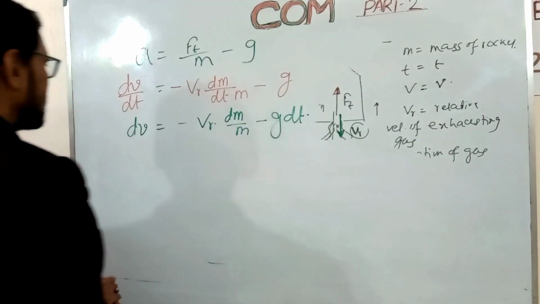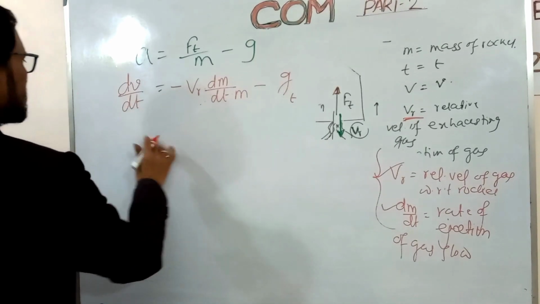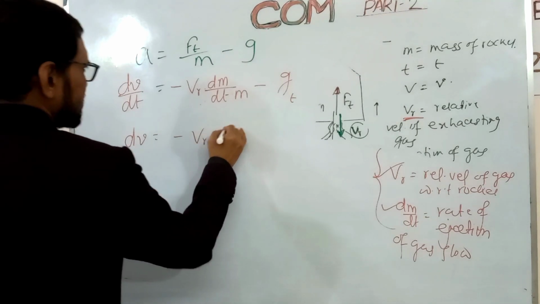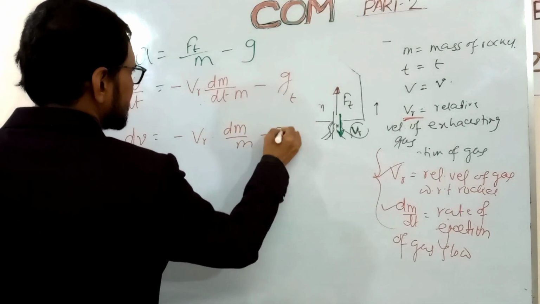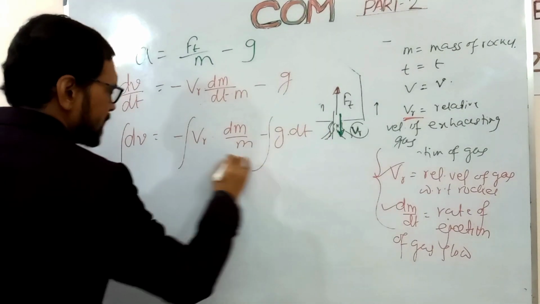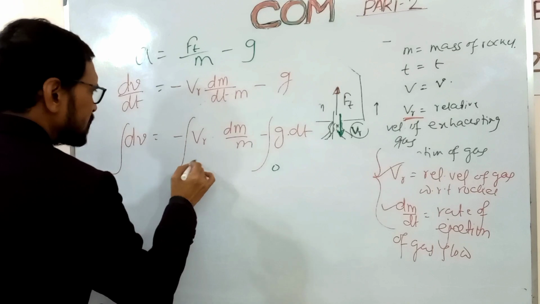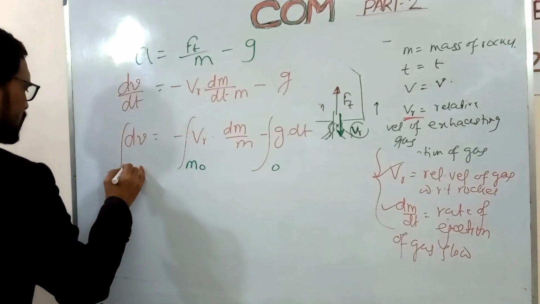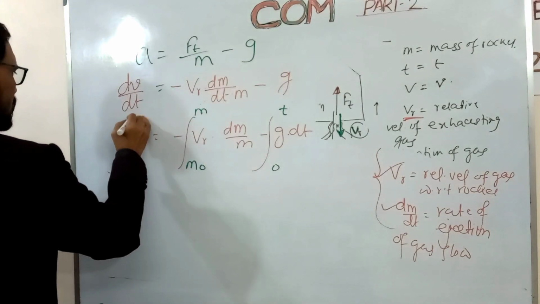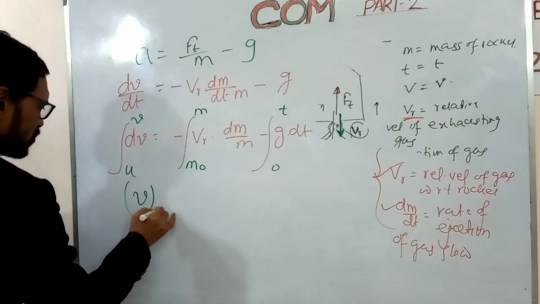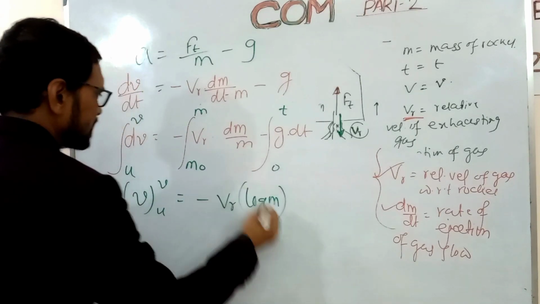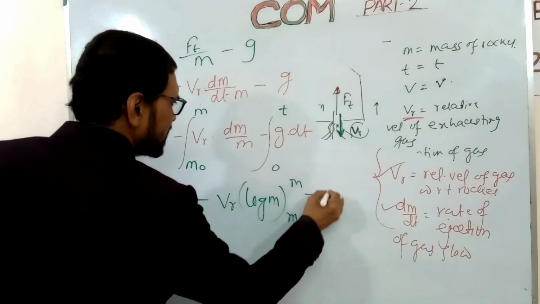So if we integrate dv equal to minus Vr dm by m minus g dt on both sides, with the limits at t equal to 0, mass m0 and velocity u, and at t, mass m and velocity v, the integration of dv from u to v equals minus Vr log m from m0 to m minus g into t.